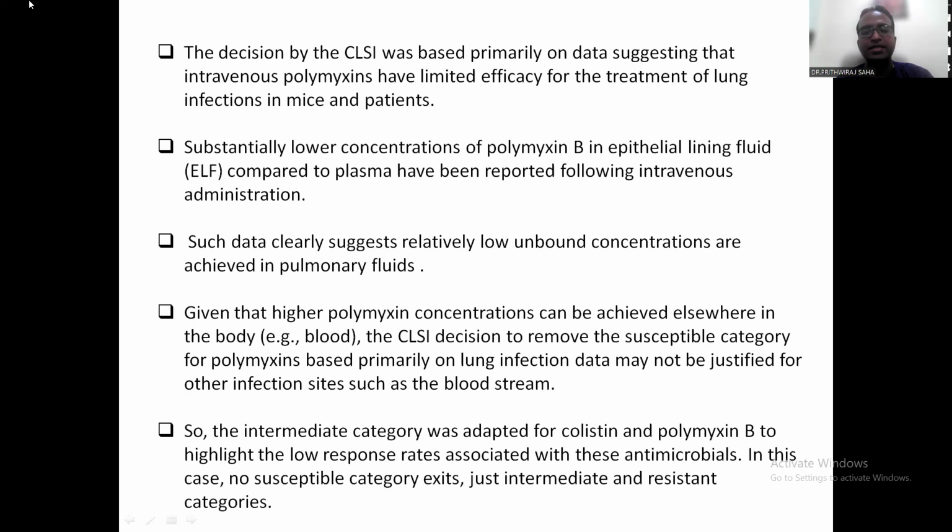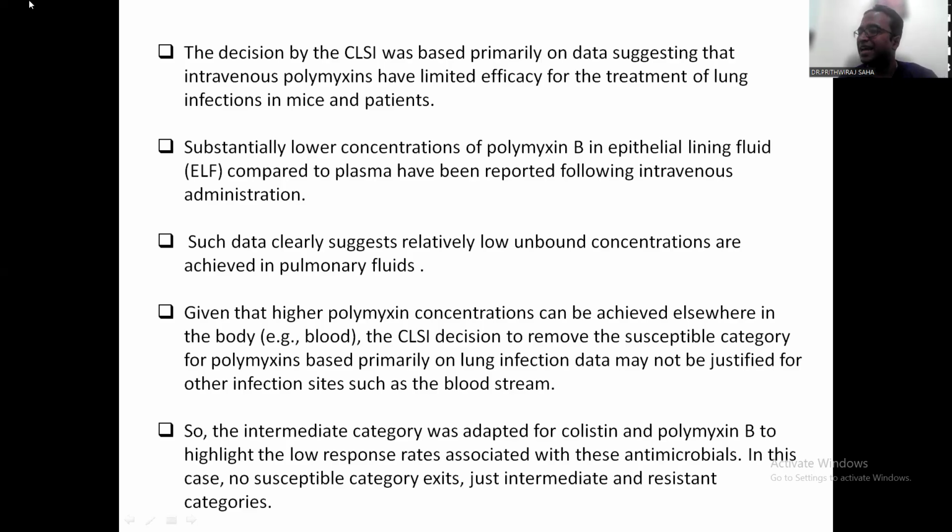As it will not achieve a concentration, the treatment success will be poor. So this drug cannot be termed susceptible for lung infection. But for blood infection, definitely we can term it susceptible. Unfortunately, they do not term it individually by site of infection. So overall, they termed polymyxin B and E as an intermediate category.